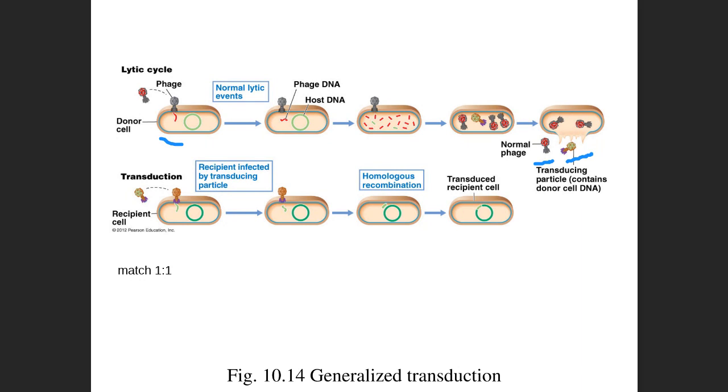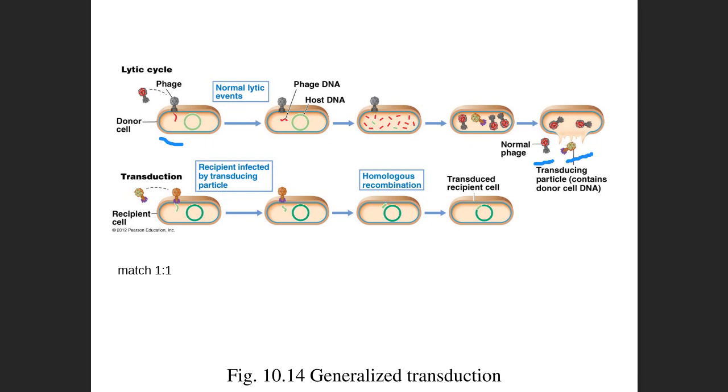So now the normal phage will go and bind to a bacterium and kill it, but a transducing particle will find the bacterium and put the genomic DNA in. Because it only carries the donor DNA, right? And so the donor DNA gets in, and the donor DNA gets incorporated because it's literally the same. So it will not be rejected.